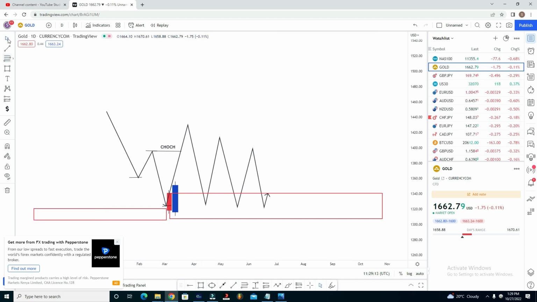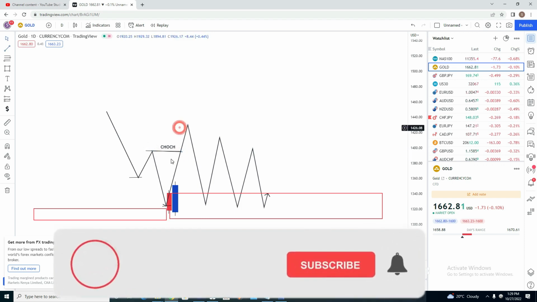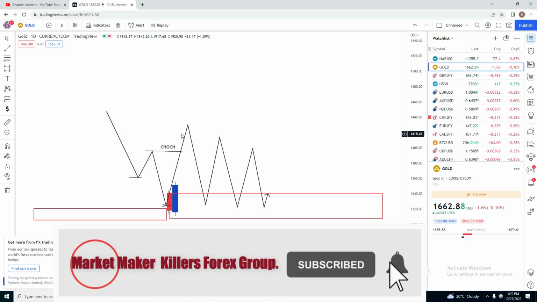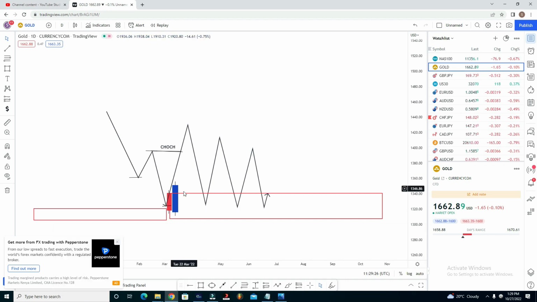As you can see from this area, price then gives us a change of character, or CHoCH. And then we look for opportunities to go long when price returns to this order block, which is responsible for the change of character.